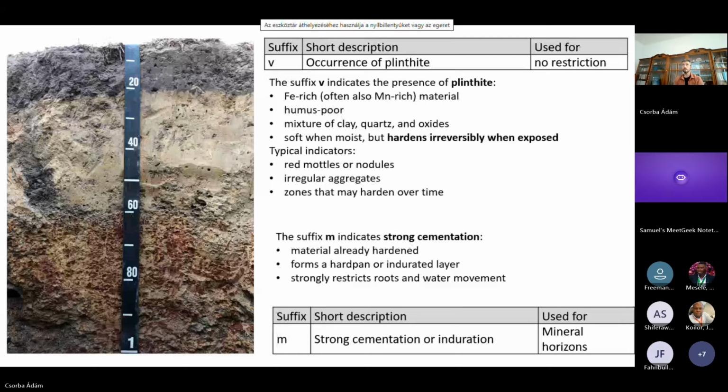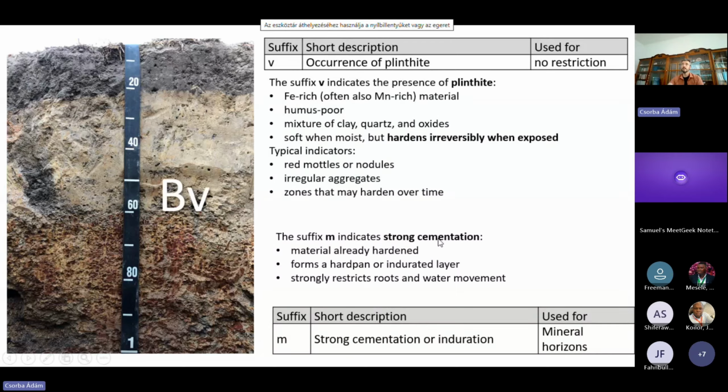Typical indicators of plintite-rich horizons are red mottles or nodules, irregular iron-rich aggregates, or zones that may harden over time. And the M index means massive, strong cementation, meaning the material is already hardened.